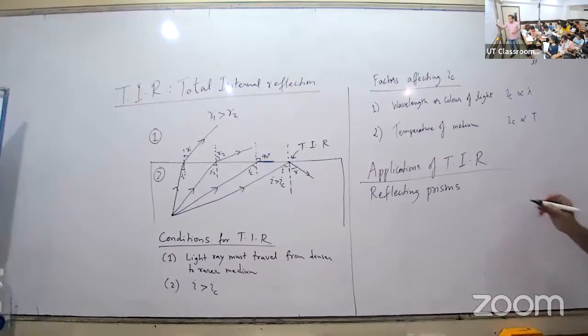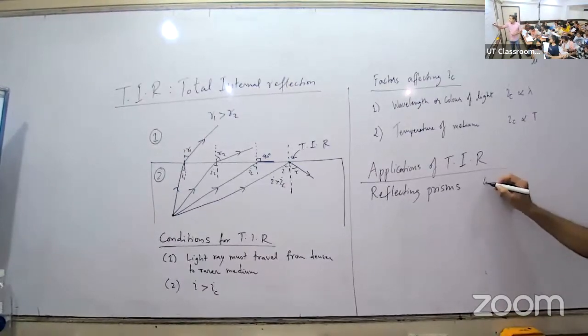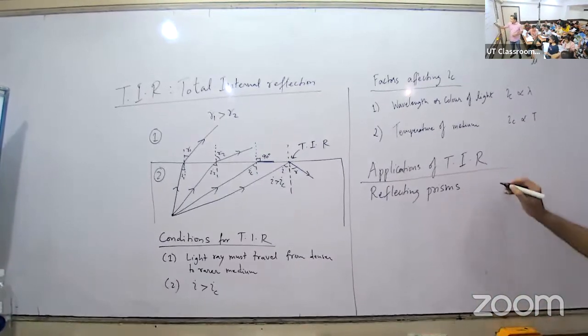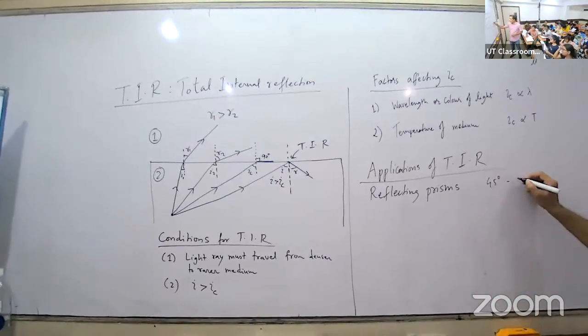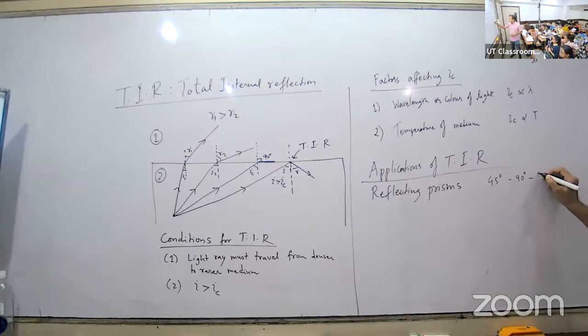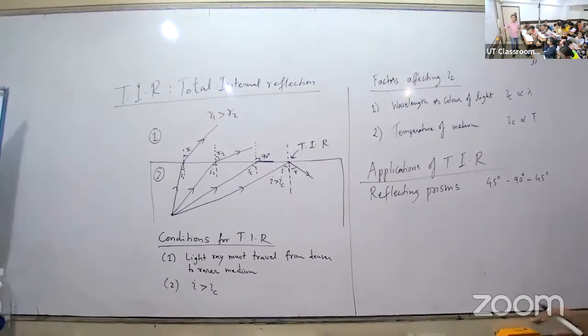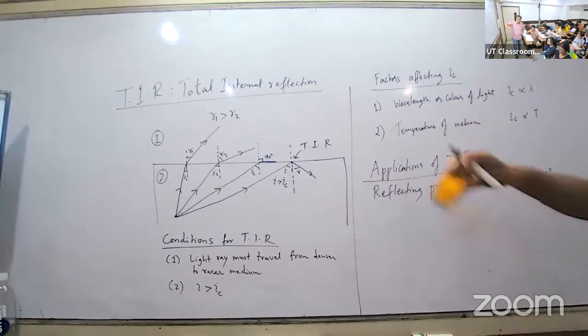In right angled prisms, the angles will be 45 degrees, 90 degrees, 45 degrees. These are called reflecting prisms. Shall I erase this side? Yes, sir.